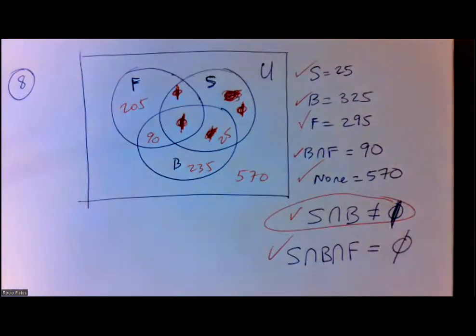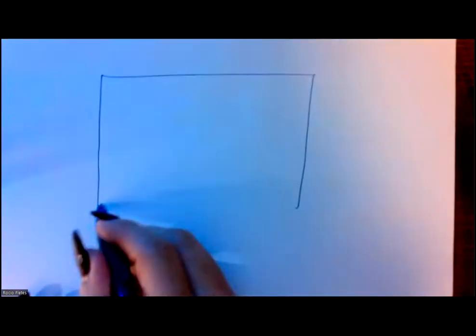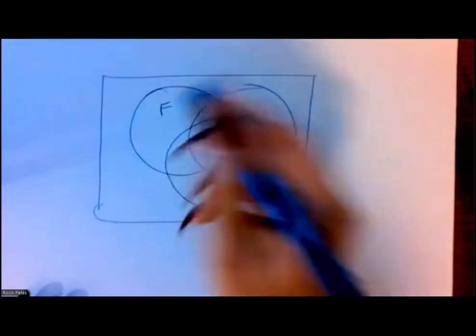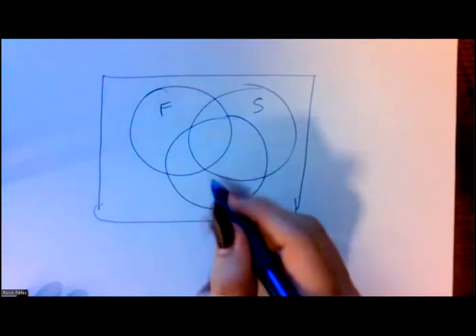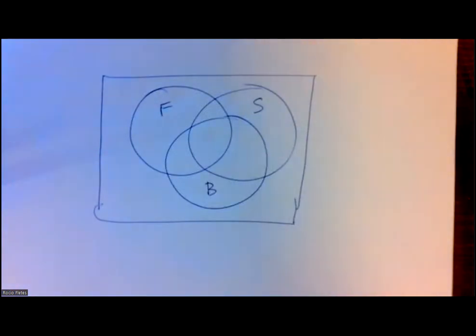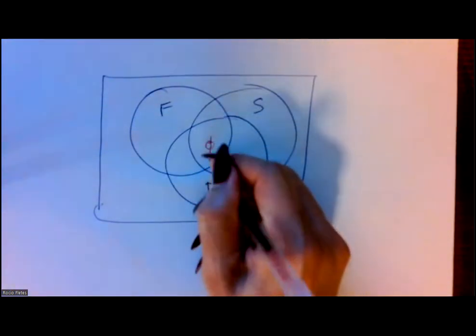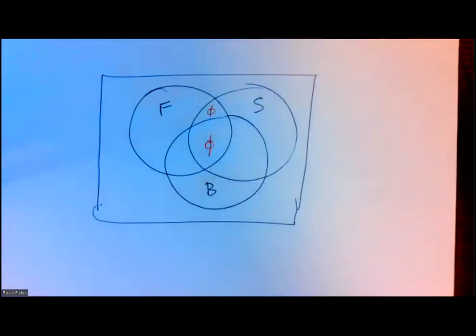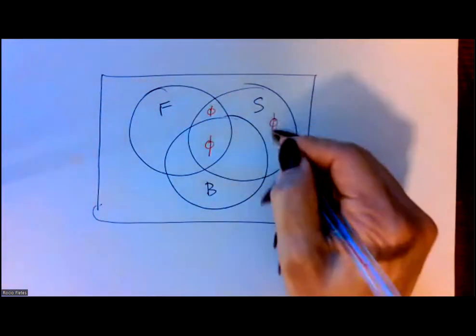Okay, I'm going to do another one, a clean one, because I don't want you to be confused. Please excuse me, I just got confused with the statements. So F, S, B. This part has nothing, that part has nothing, this part has nothing.